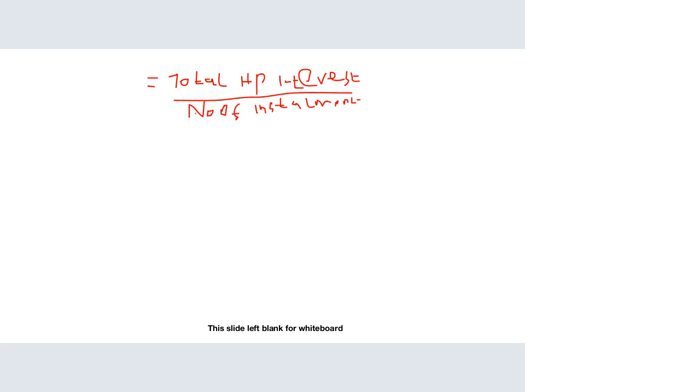Assume that an asset is acquired on the following terms. One, the cash price is 9,000 shillings. Then we have the down payment, 1,000.